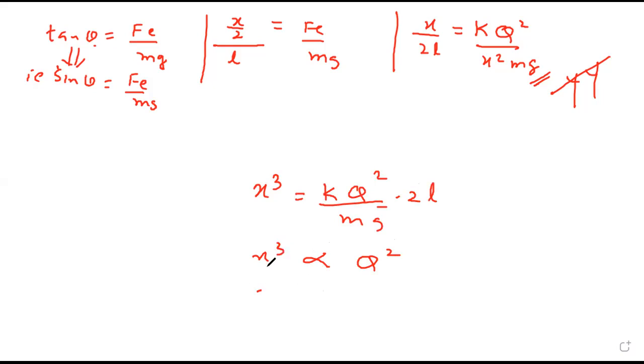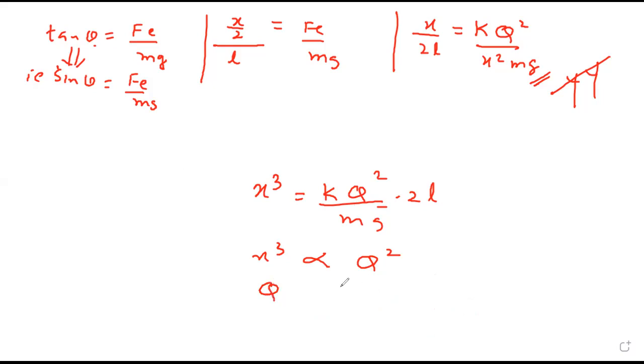What is the derivative of x cube? It is 3x square, with respect to t we are differentiating, so into dx by dt. Correct now? This is 2 dq by dt, differentiating with respect to t. dq by dt is constant.